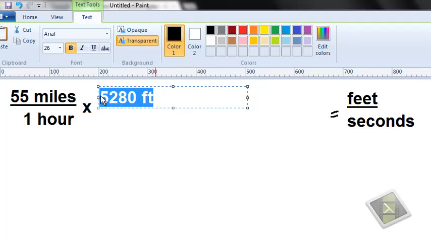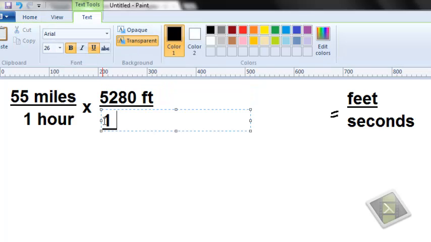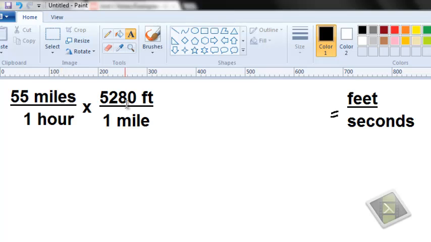That is your conversion. There's 5,280 feet in 1 mile. Again, we can put the miles on the bottom because we want to cancel that out. We want feet on top because feet's got to go on top at the end. And what we're going to do here is cancel out my labels. Cancel out miles there, cancel out miles there.